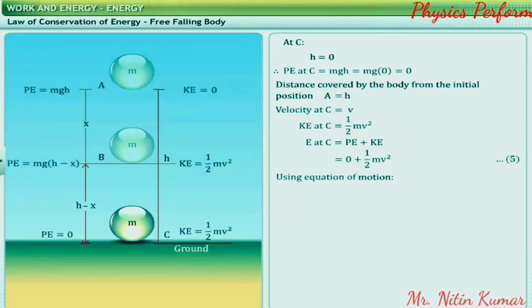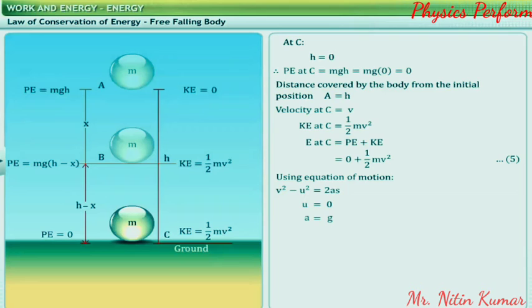To get the final velocity of the body at C, you need to apply the equation of motion related to displacement, initial velocity, final velocity, and acceleration.